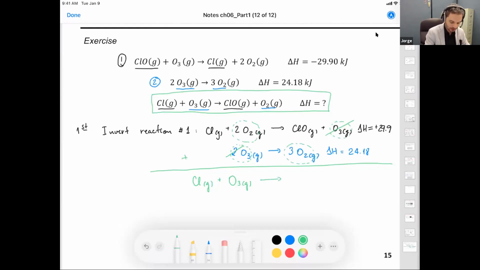So we can cancel 2 with 2 over here, and what's left is just 1 oxygen. Chlorine monoxide doesn't have anything in common, therefore we just repeat it.